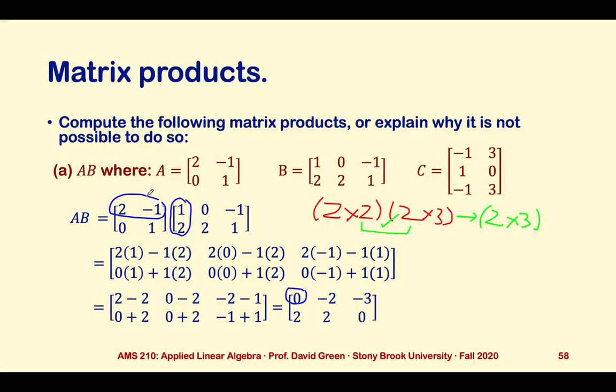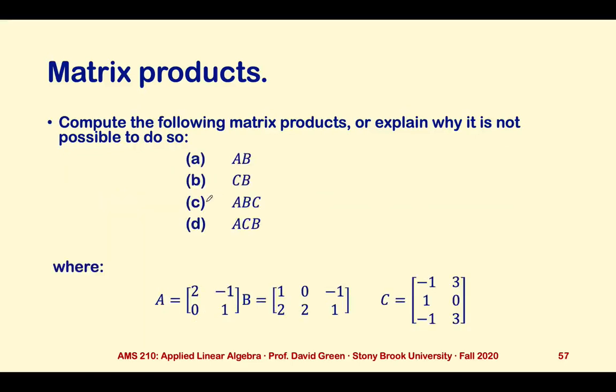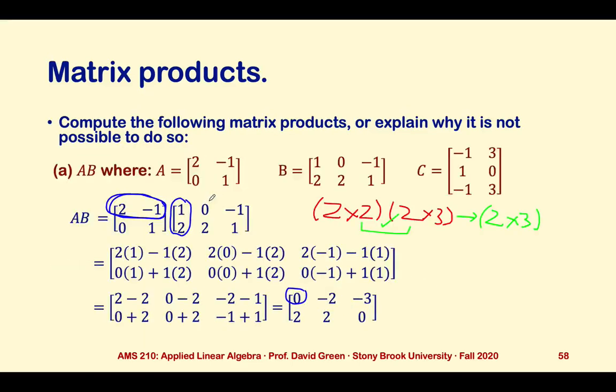Then, again, we work with the first row of A to find the second element of the first row of the product. And we take the dot product of that first row of A with the second column of B. 2 times 0 minus 1 times 2 is 0 minus 2, or negative 2.